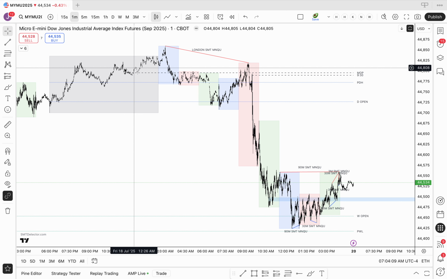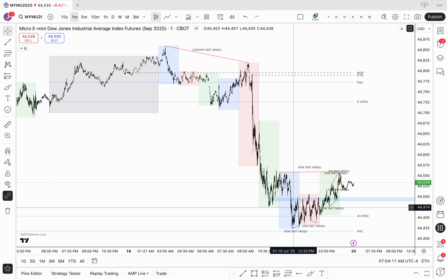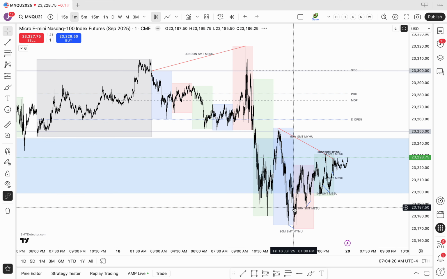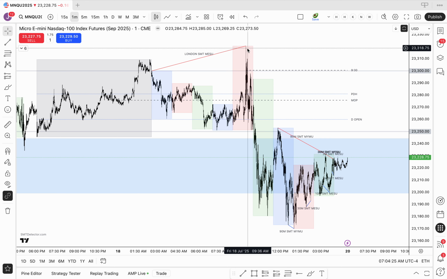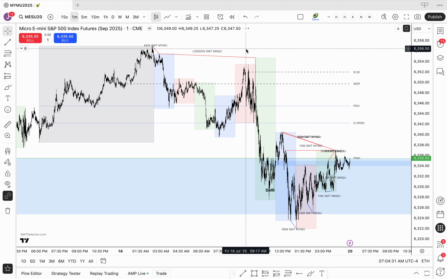YM, Asia, 930, distribute. And the difference is we took out London high and Asia high with the 930 opening with NQ, with ES we did not.